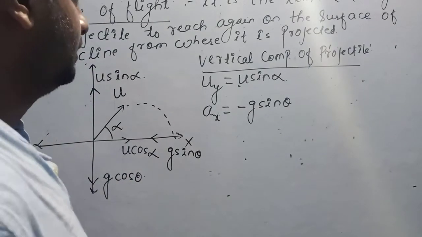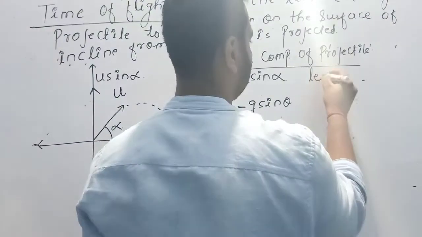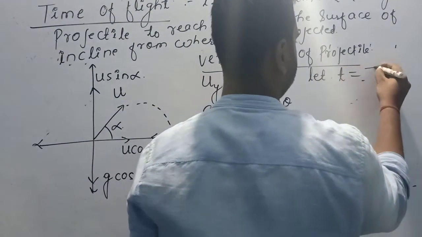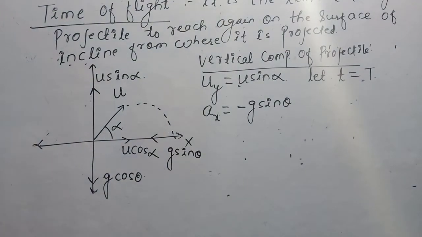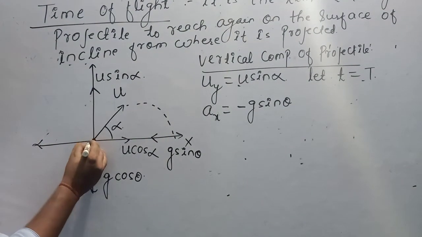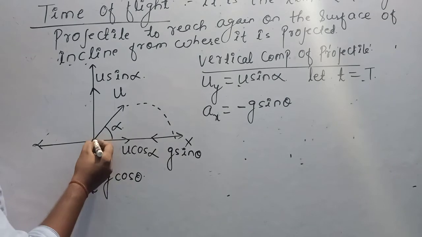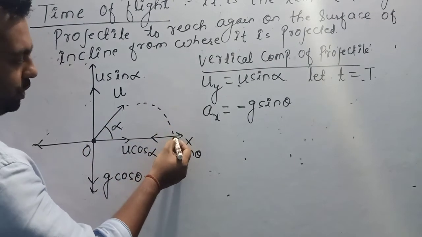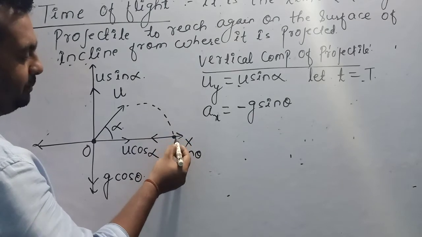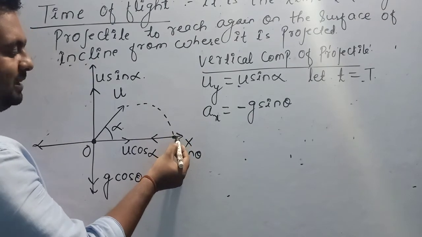Again, let the time of flight of the projectile be capital T. If this projectile is projected from the origin and it will again approach the x-axis, then what will be the value of the y coordinate of this point?